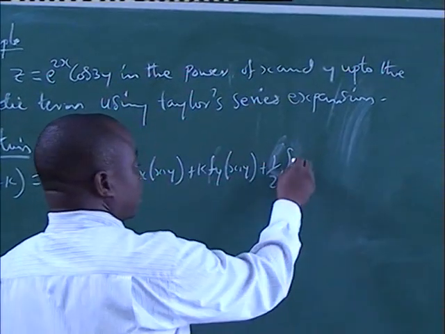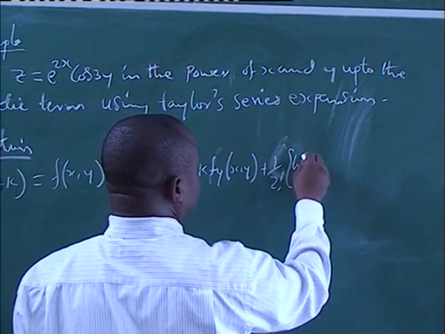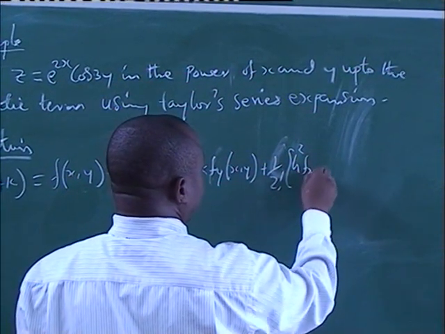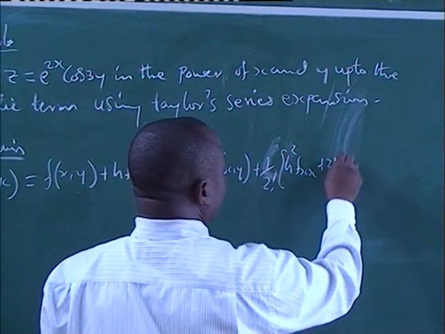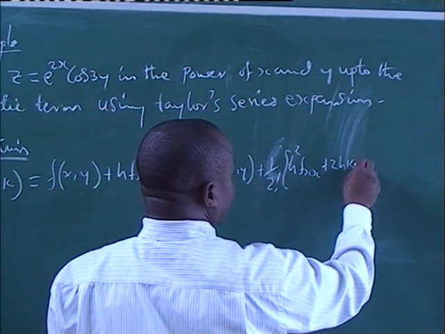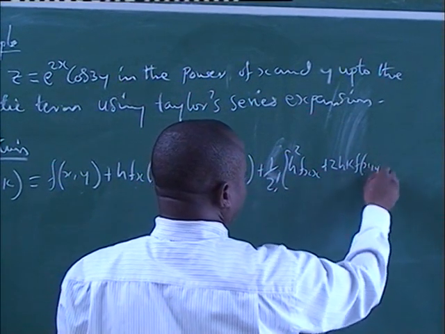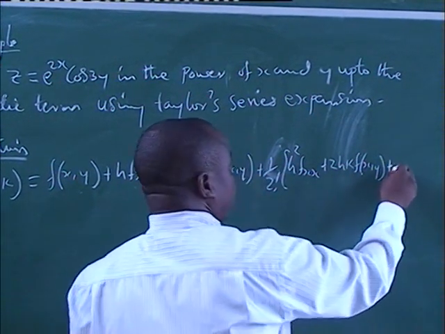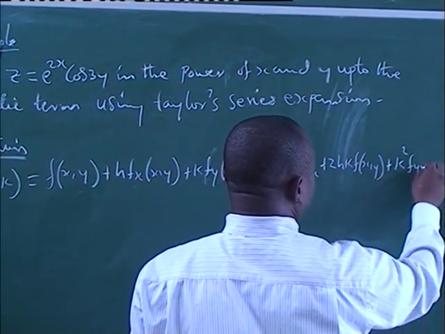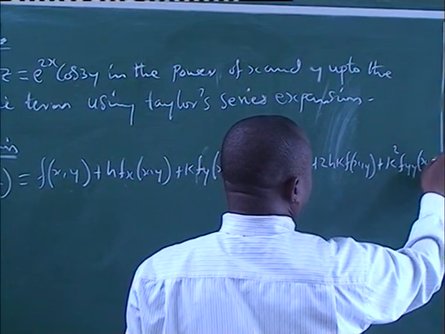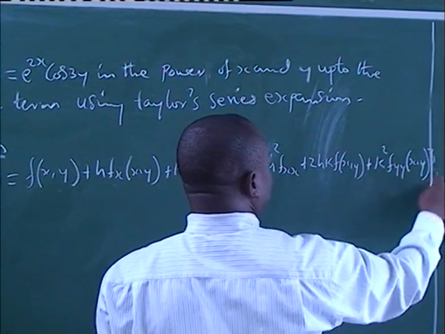This is what we did, and will give us h squared, the second partial of f with respect to x, plus 2hk partial f of x, y, plus k squared, the second partial of f with respect to y, of x, y. You know that.